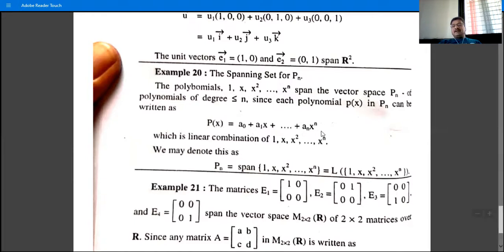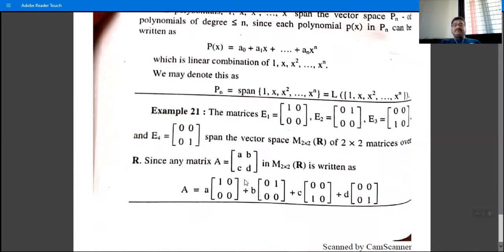So any element of Pn can be expressed as a linear combination of 1, x, x square, ..., x raised to n, and therefore Pn is spanned by this set. Suppose this set is denoted by S, then L(S) is equal to Pn.